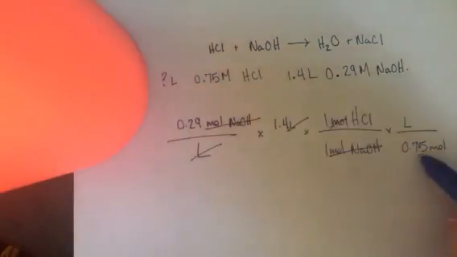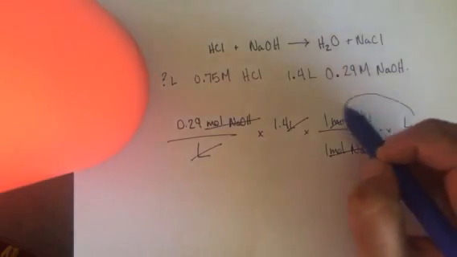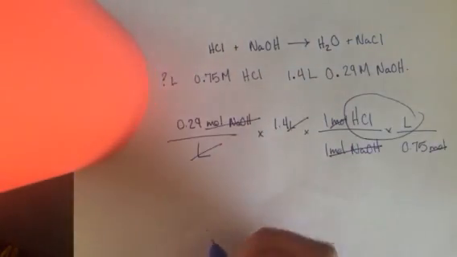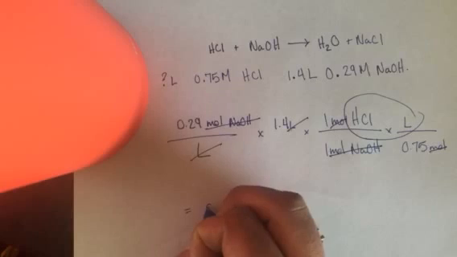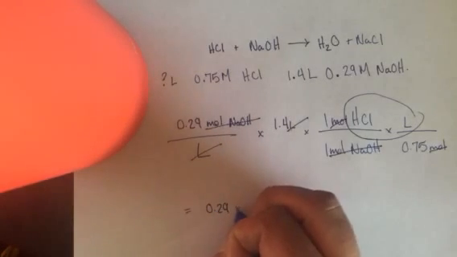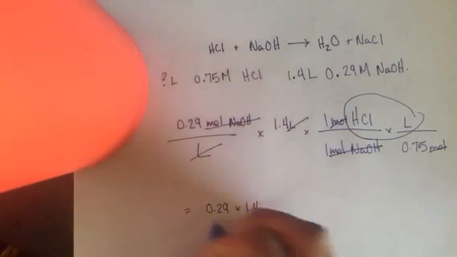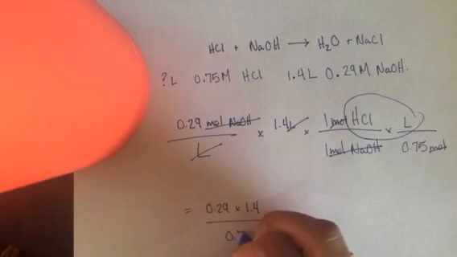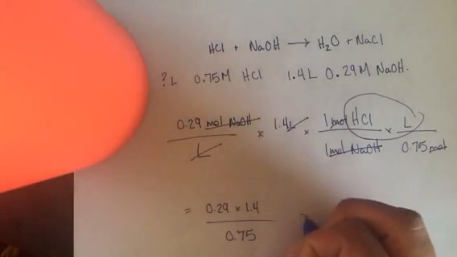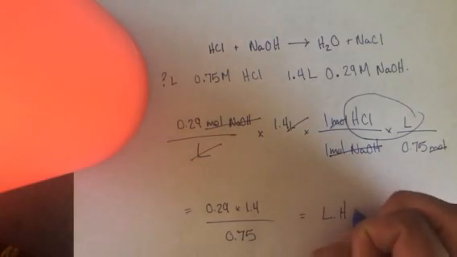I am now in liters of HCl. So all I have to put into my calculator is 0.29 times 1.4 divided by 0.75 is equal to liters of HCl.